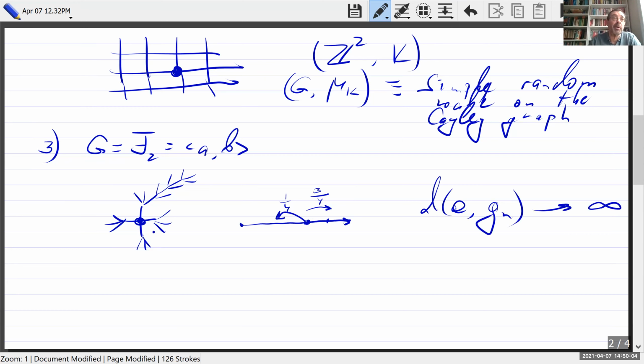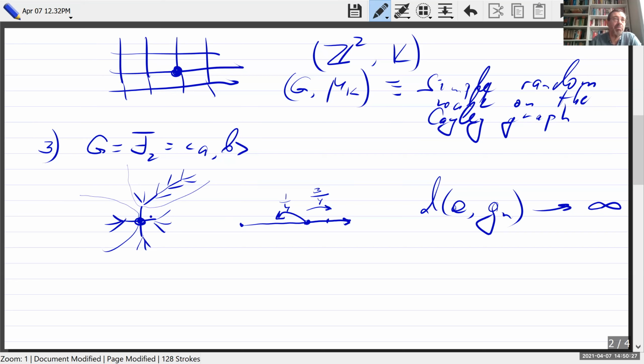And now, since the Cayley graph is very special, since it is a tree, it means that we can actually switch from one branch of this tree to another branch of this tree, only passing through the origin of this group. But this we can only do finitely many times because the distance from the origin goes to infinity.